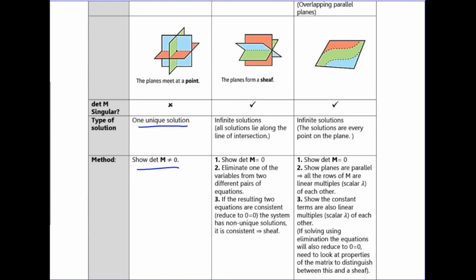We say this forms a sheaf. It's like a book opening with all the pages. So this is one of your options for infinitely many solutions: if you get consistent equations, there are infinitely many solutions and they form a sheaf.